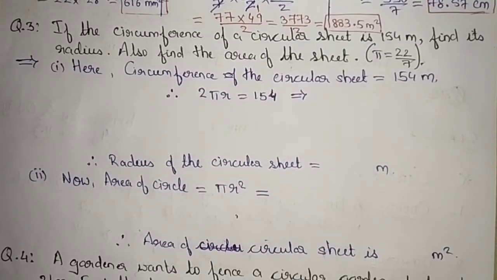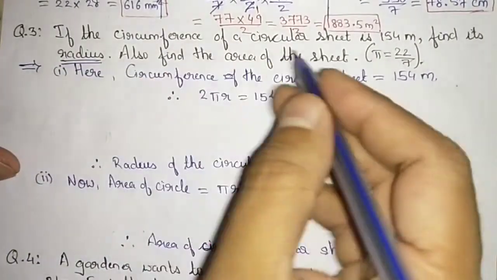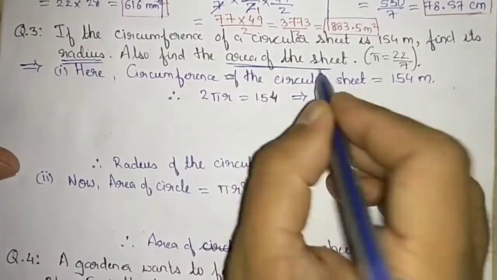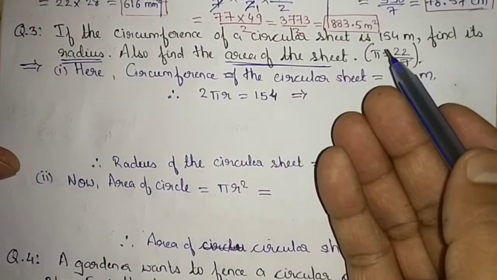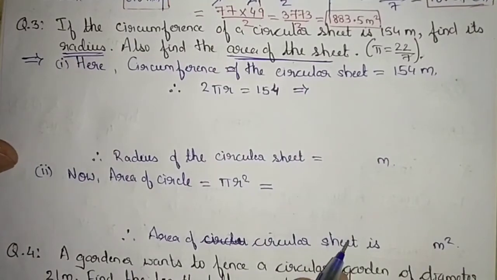There is one circular sheet whose circumference, which is nothing but perimeter, is 154 meter. That is what they have given us. And they have asked us to find radius and also area of the sheet.